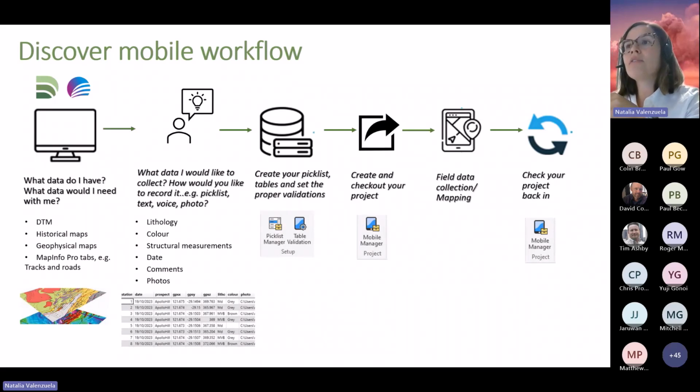Now, in terms of historical maps and rasters in general, I would say that one of the main reasons for obstacles or challenges when bringing in an image is that MapInfo Pro tends to turn off the raster functionality by default.